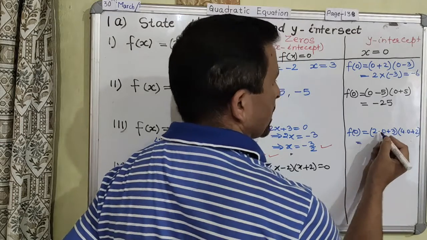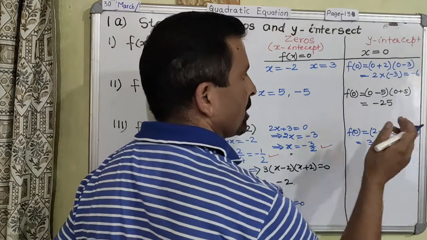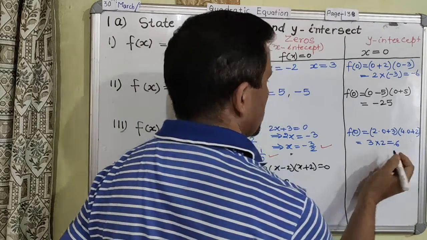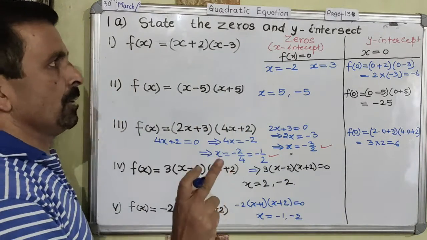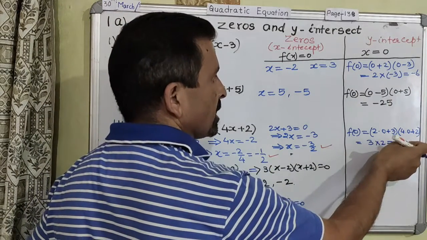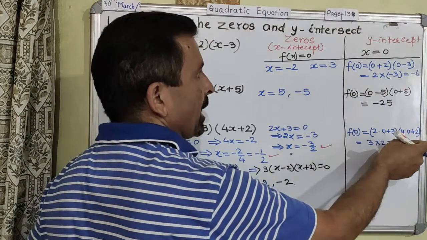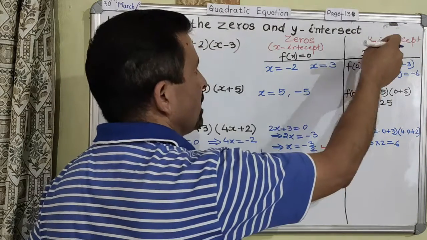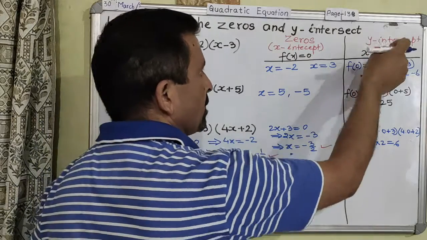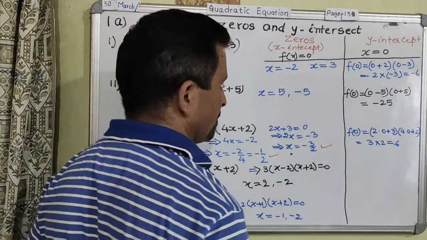Here the dot means multiplication. This is 2 into 0, 0, plus 3, 3. 4 into 0, 0, plus 2, 2. 3 times 2 is 6. So for equation number 3, the y-intercept is the pair x equal to 0 and y equal to 6. We always use these numbers to make the pair. For the first equation, the pair is 0 and minus 6. For the second equation, the pair is 0 and minus 25. For the third equation, the pair is 0 and 6.